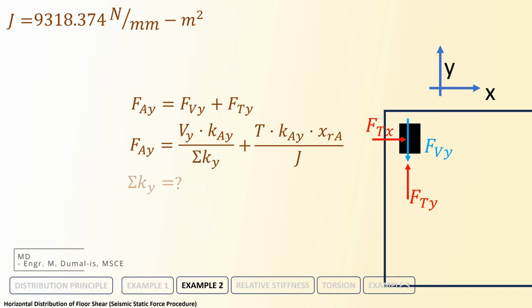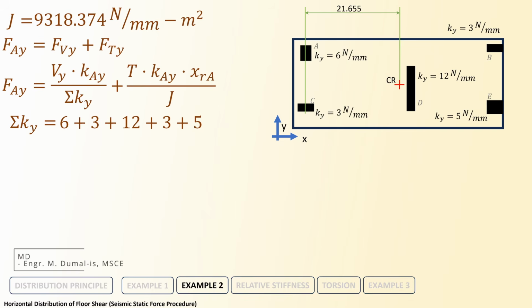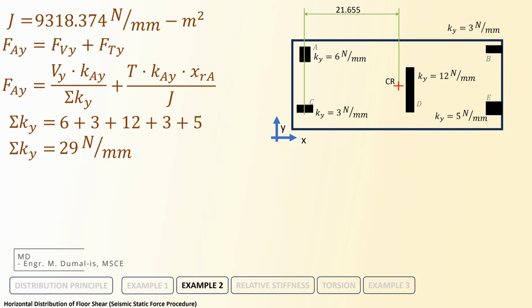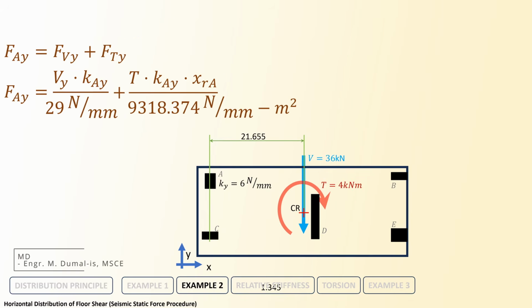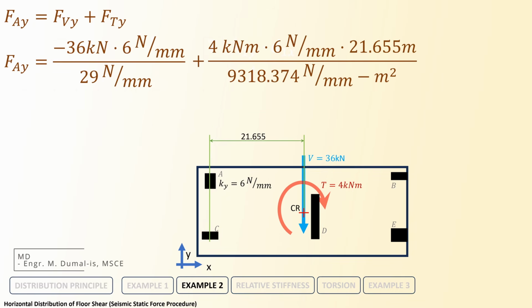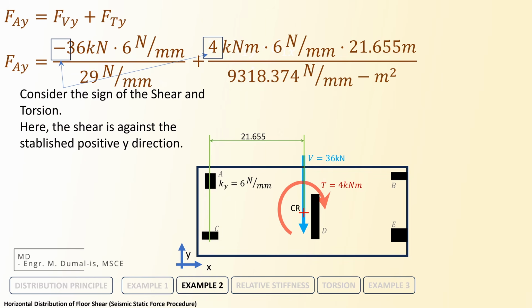This begins with determining the total lateral stiffness in the y direction, sum of ky. We then plug in the known values of Vy, ky, T, and xr. Notice that the direction of Vy and T are reflected in the formula, and the computed value of xr, including the direction, is also included in the formula to ensure the correct values of Fv and Ft.